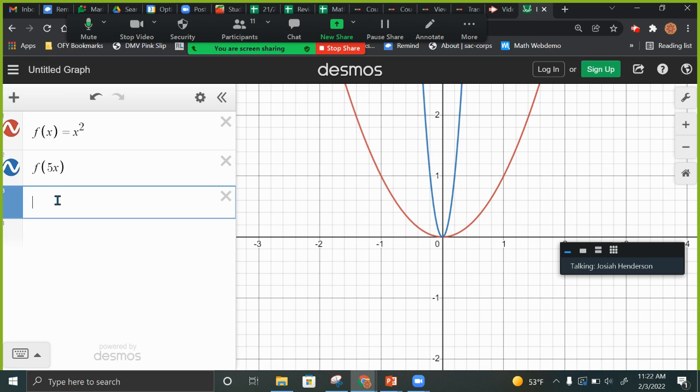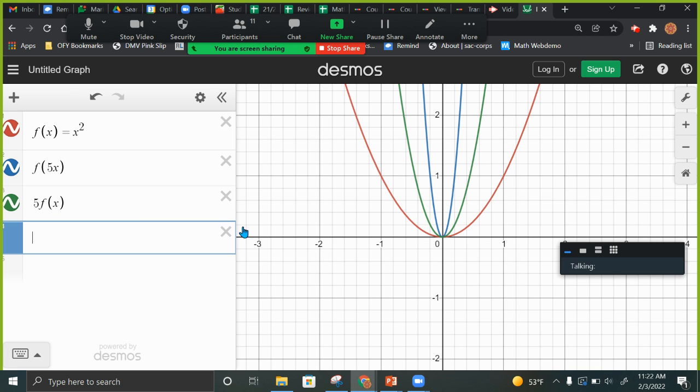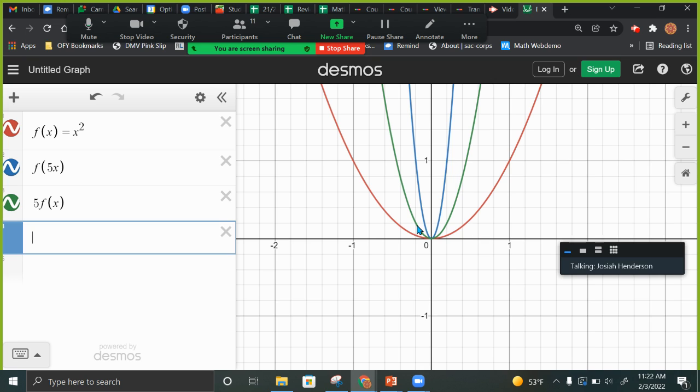Now, let's see what happens if we put the 5 on the outside. Okay, now the green one is our, I'm going to hide blue for a second. Green is still a vertical, but it should be being stretched up by a factor of 5.